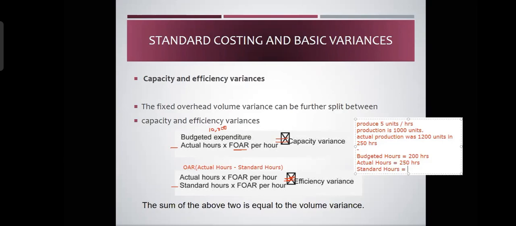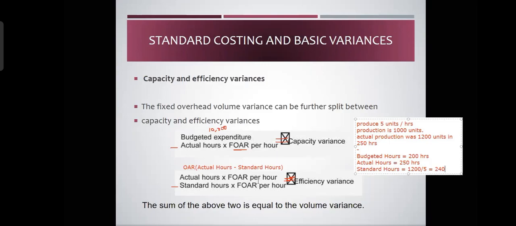Standard means how many hours it should have taken. If you consider 1,200 units, in how much time should you have made 1,200 units based on your standard rate, based on your budget? I made 1,200 units actually, and usually I should be making 5 units per hour, so your standard hours are 240. This is the difference between budgeted, actual, and standard.